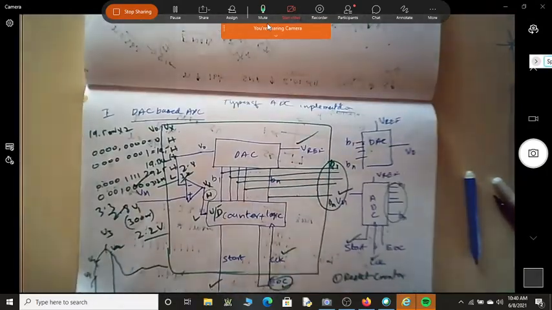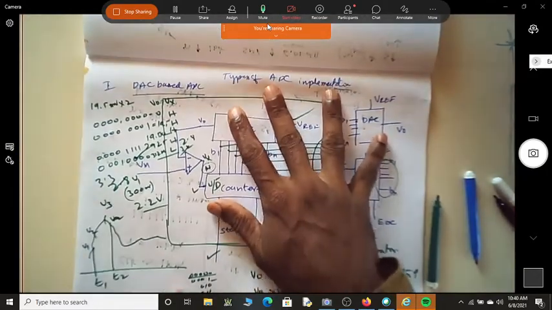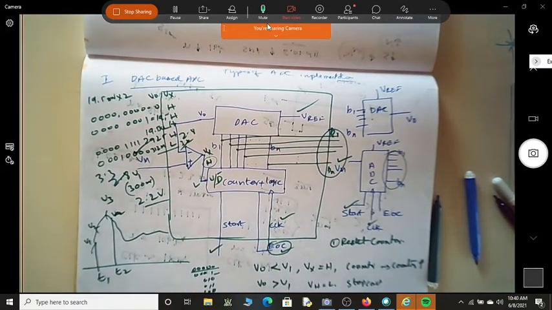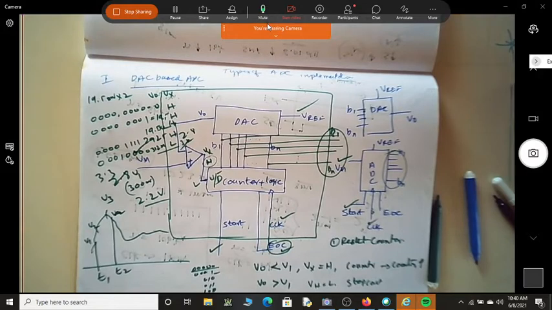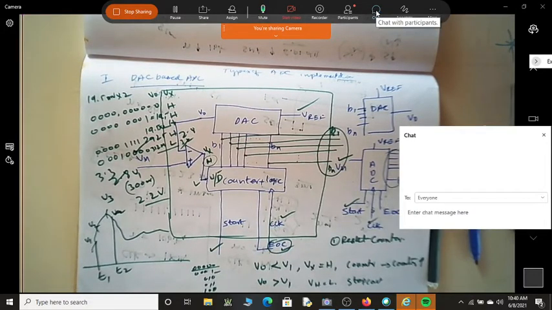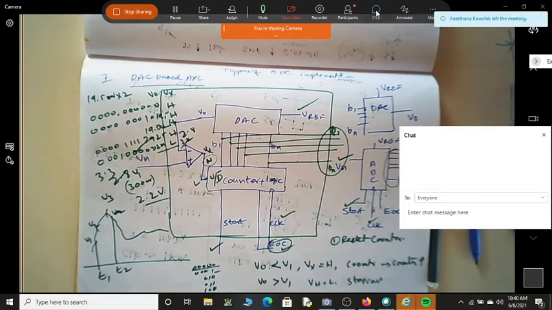So let me know from you people, do you have any clarification required in this tag-based ADCs? Just let me know from your chat box messages. Is it fine or not? What needs to be understood? Do we need to have one more example of something like this?